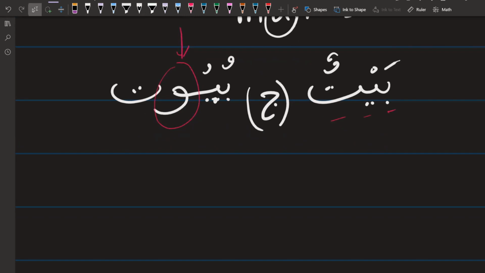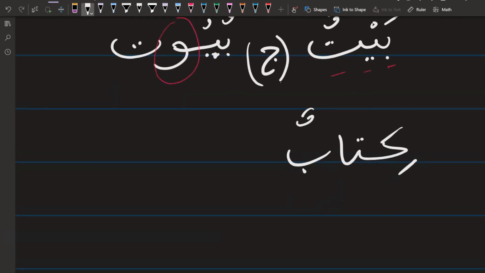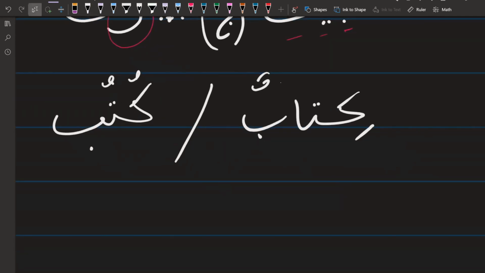You can also remove what was there. For example, the example the sister is giving is kitab, kitabun, which is a book. The plural is kutub. You literally removed a letter. And sometimes it's even crazier, you add a lot of letters.